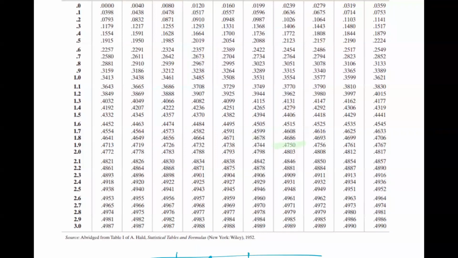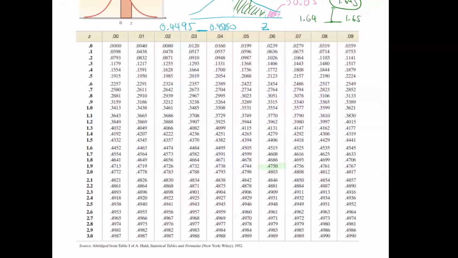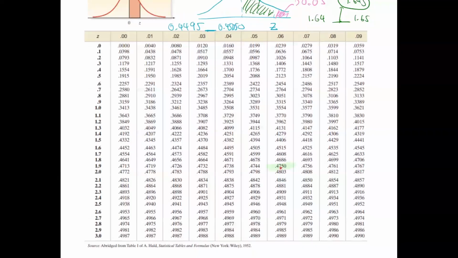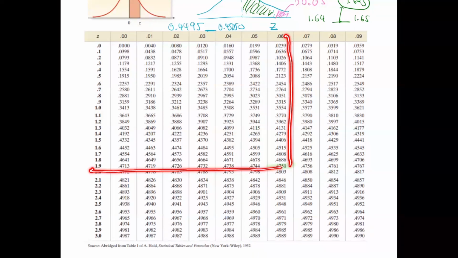Here, we have the exact number. So now I will figure out for what z I get this area. The row is 1.9, and then I look at the column, which is 0.06, which means the z value here is 1.96. Do you get this?